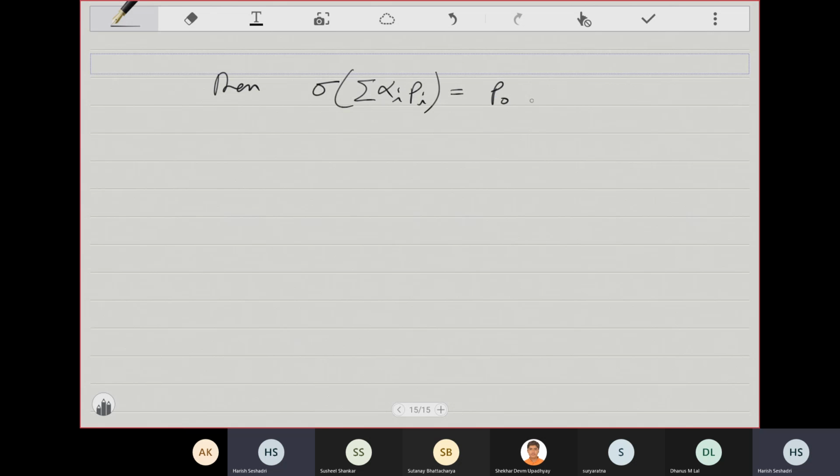By definition, it was this, the sum of alpha i times (Pi minus P0).